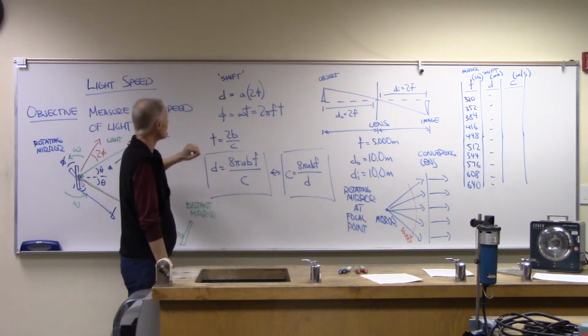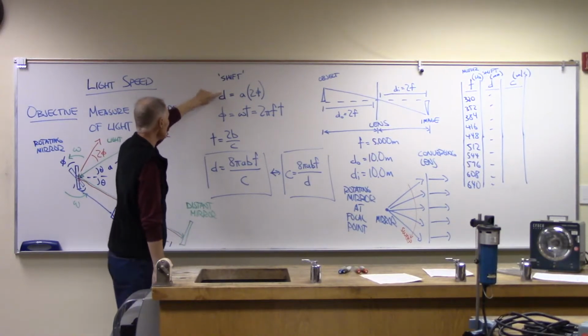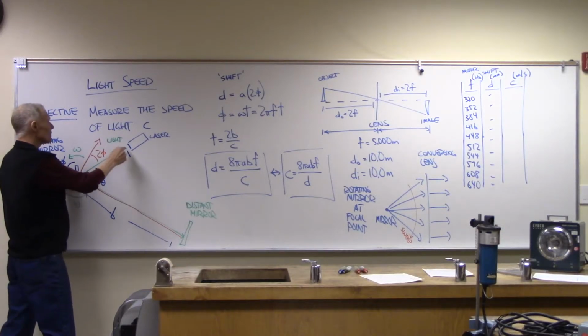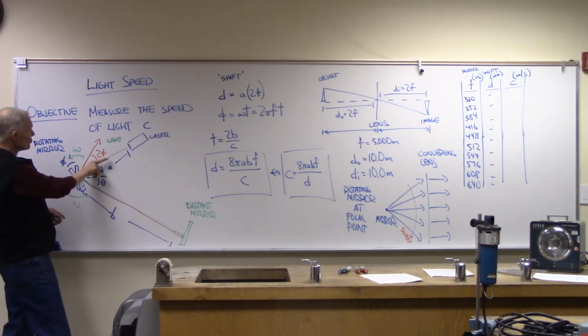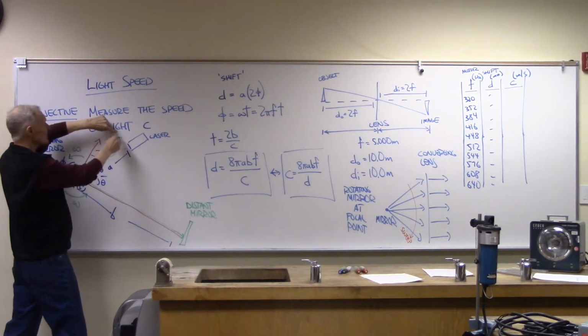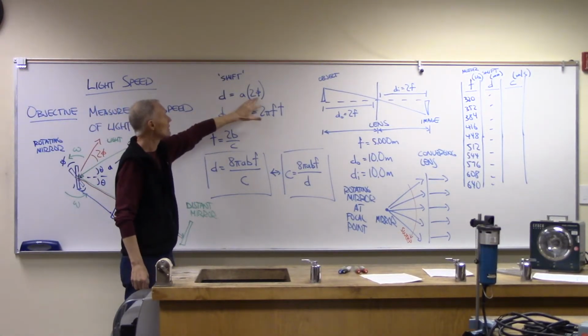And it turns out that the deflection that we see, if this light coming back travels back a distance a to where the laser is located, and it's shifted by an angle of 2 phi, that's going to create an arc distance. And that arc distance is going to be the radius times the angle.